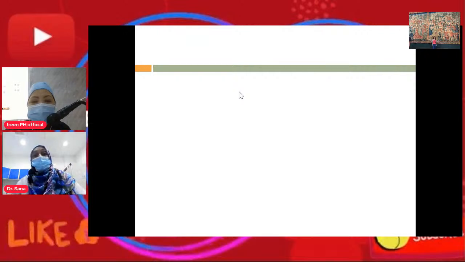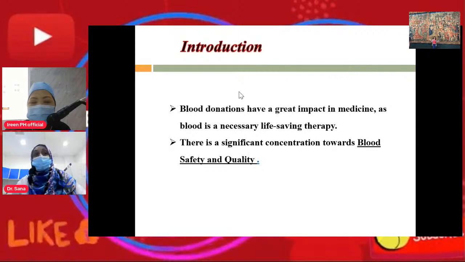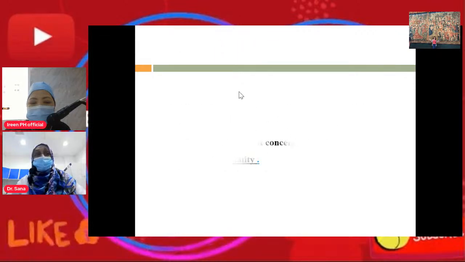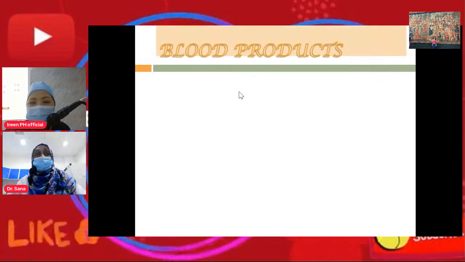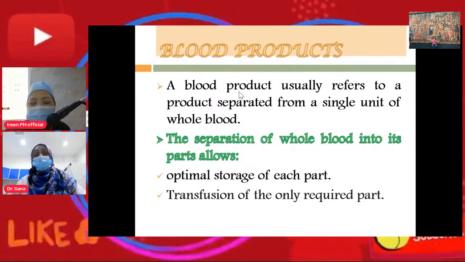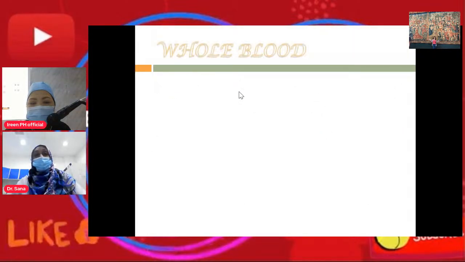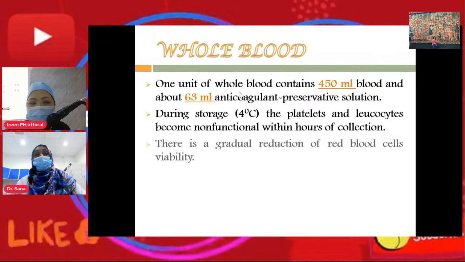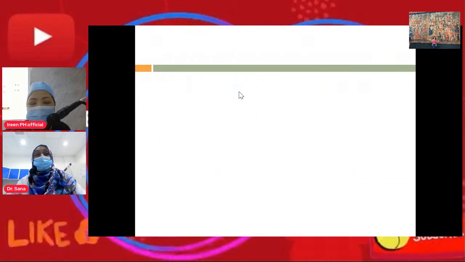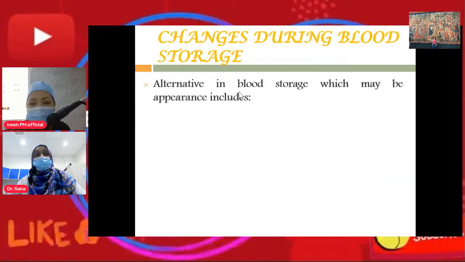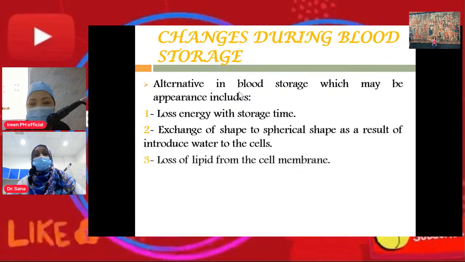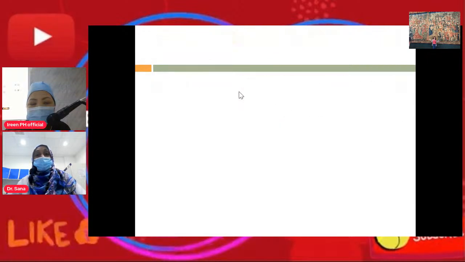Anticoagulant preservative solution. We put the anticoagulant to prevent clotting and extend the storage of red blood cells. Several chemicals may be added, for example, dextrose, adenine, citrate, and sodium biphosphate.